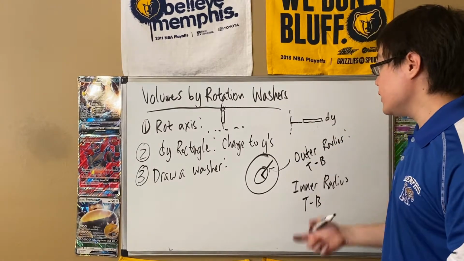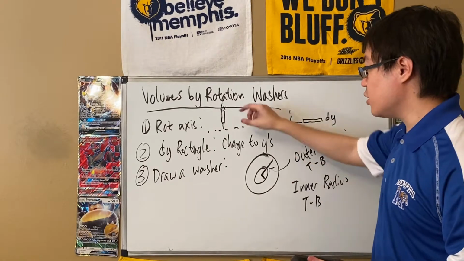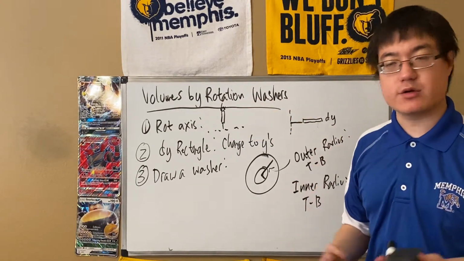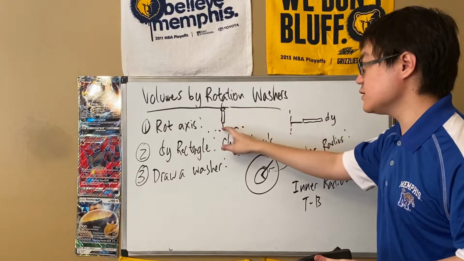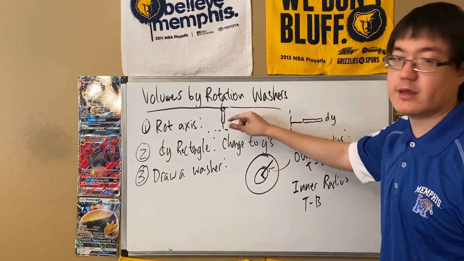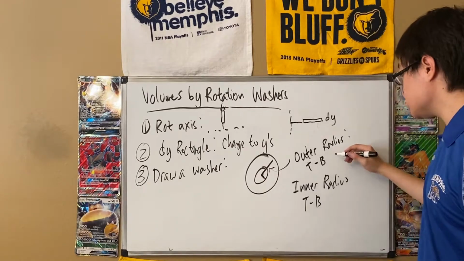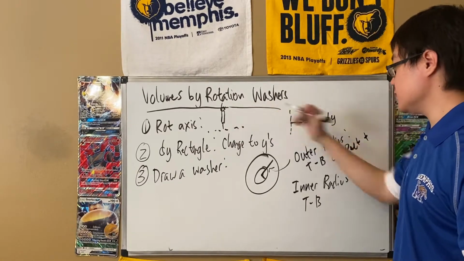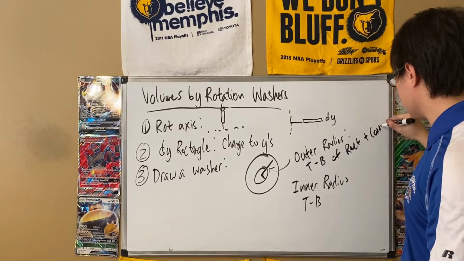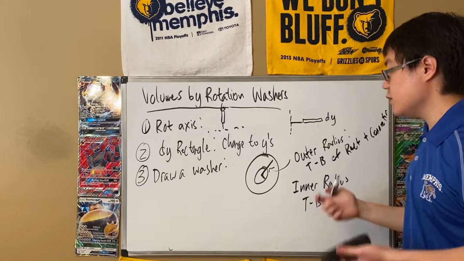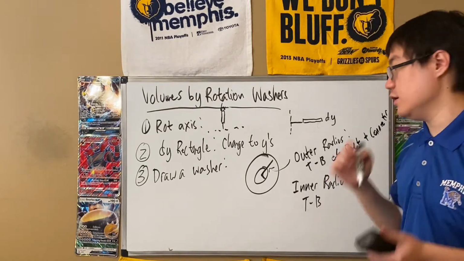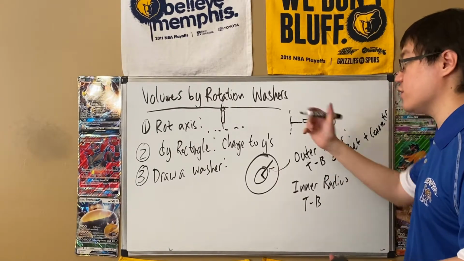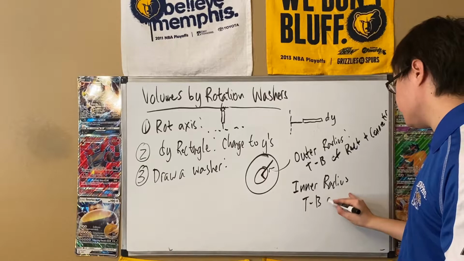The outer radius is going to be top minus bottom of your rectangle and your connector line segment. Just think of this as one single object, the rectangle and the connector. The inner radius is just going to be the length of the connector. So top minus bottom of the connector.